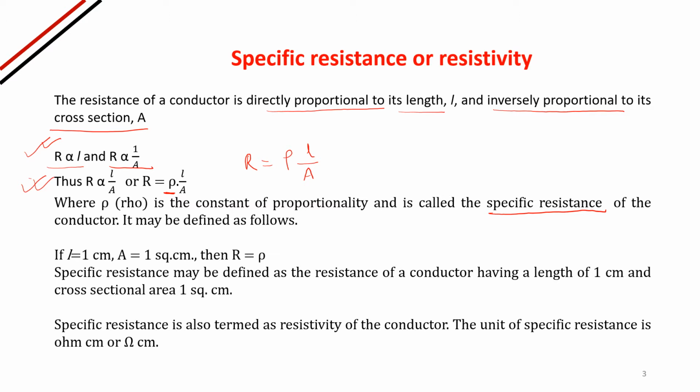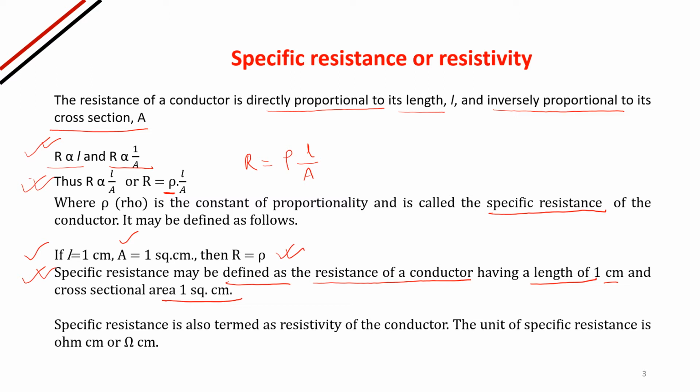It may be defined as follows. If L equals 1, A is also equal to 1 square centimeter, then R equals rho. So, specific resistance may be defined as the resistance of a conductor having a length of 1 centimeter and cross-sectional area 1 square centimeter.